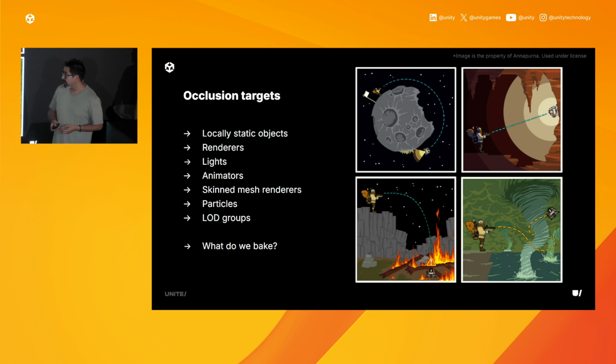This included things like renderers, of course, lights, animators, skinned mesh renderers, particles, LOD groups, and anything that had maybe an intended state that we needed to keep track of. And we also implemented a way to register state changes across the game so that as the player interacted with objects, their state would remain as intended. So if a player turned off a light, it would stay off.